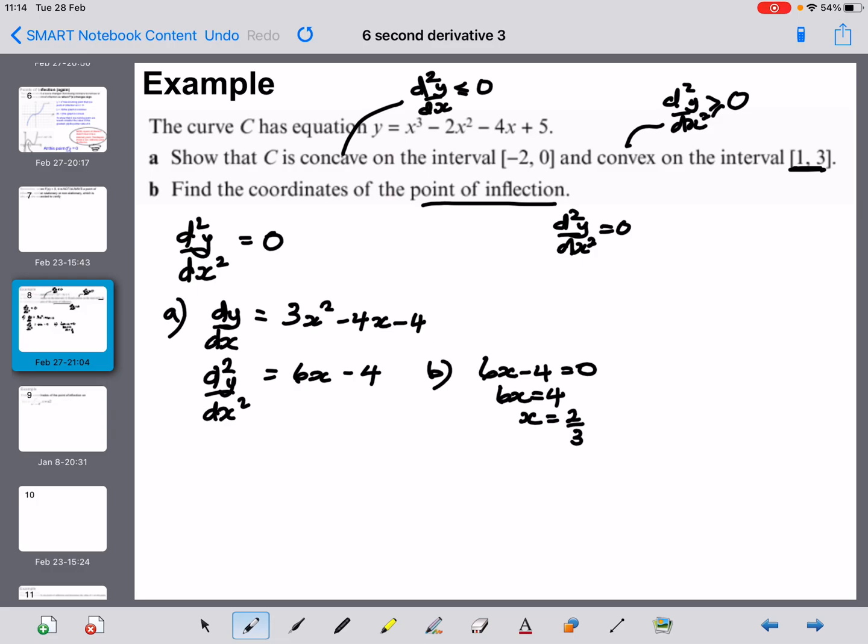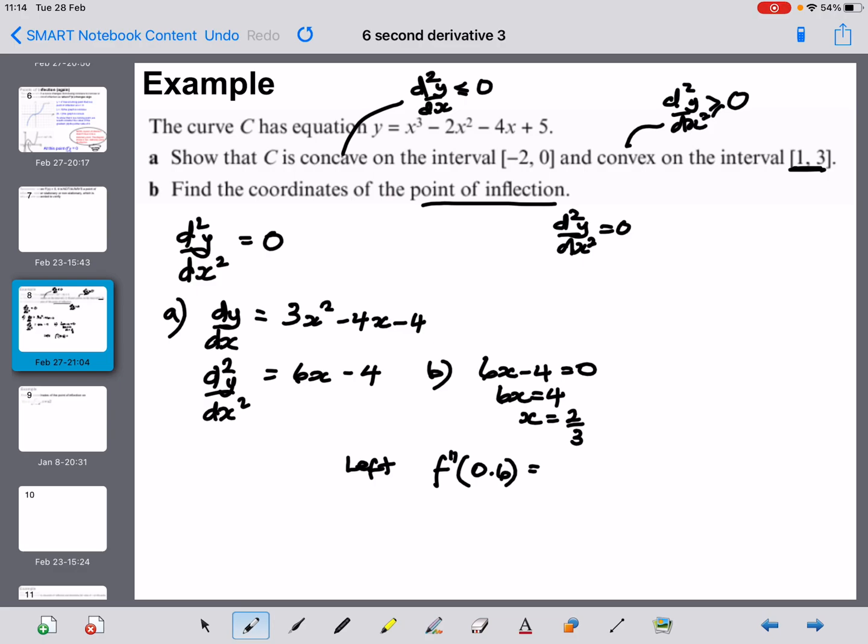So if I say that's approximately 0.6 recurring, then if I do 0.6, that's just slightly smaller than that, so that's just to the left of 2/3.